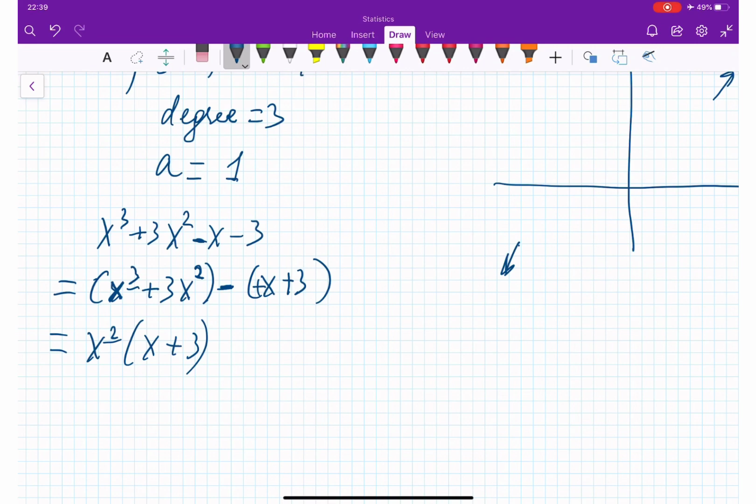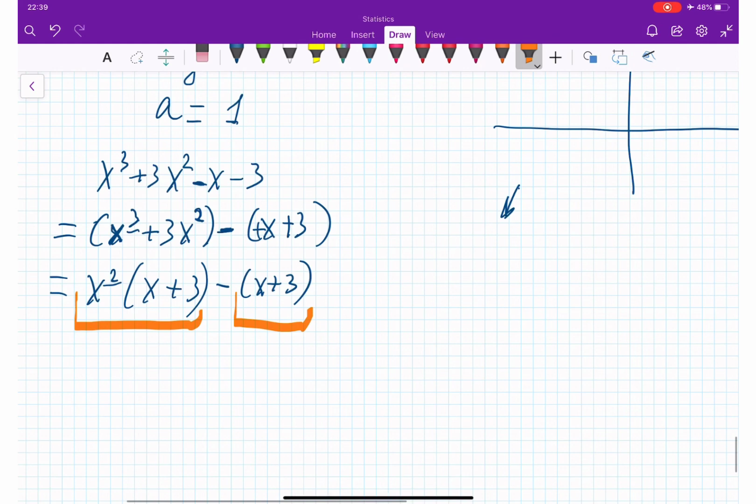All right, x plus 3 minus, and here we have x plus 3. Okay, let's see. This is one term. This is another term. Both of them have x plus 3. Yes? So I'm going to take this x plus 3 out. It's a common factor.